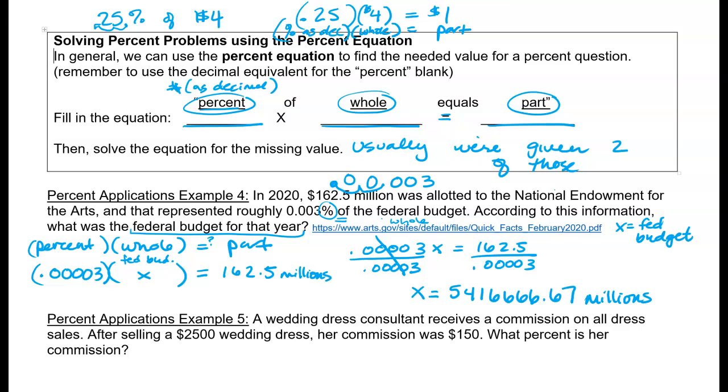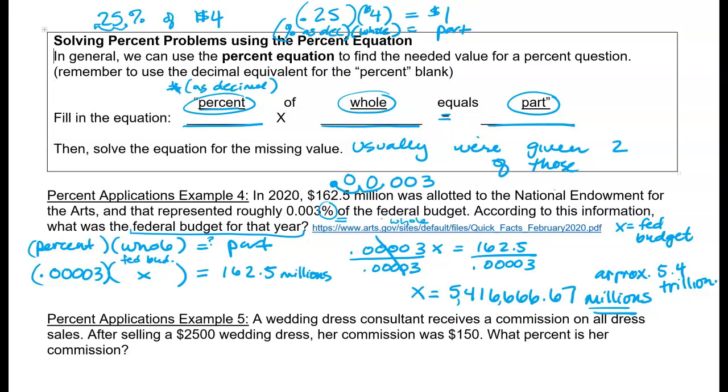So we can assume our answer is in millions as well. And 1 million millions is a trillion. So since we have about 5 million millions here, this is approximately 5.4 trillion. So a lot of money there.